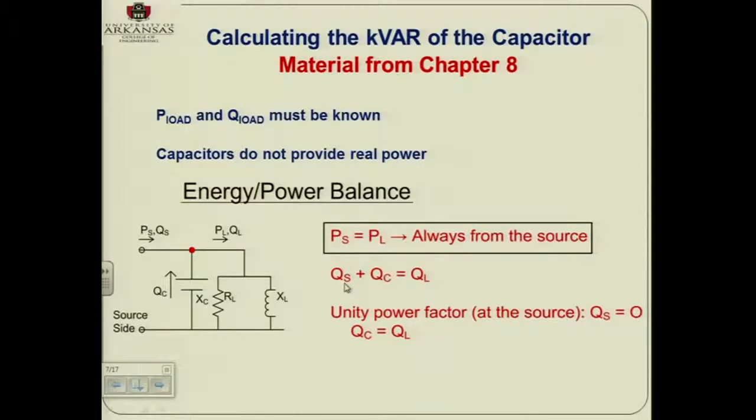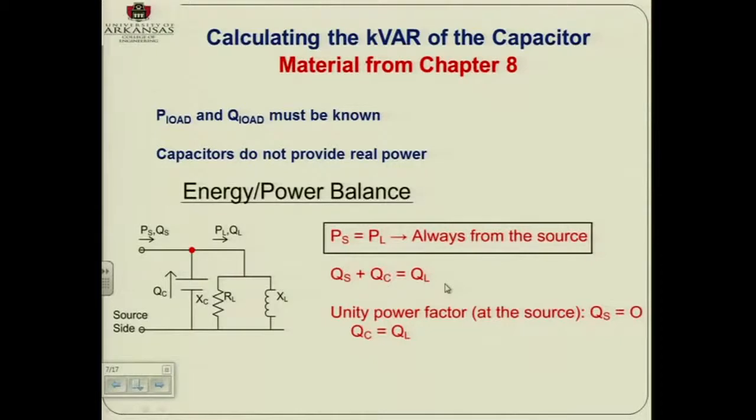You have Q source, the reactive power coming into this node, right? And if you add Q source plus Q cap, they have the same direction, and that has to be equal to QL. Remember, these are complex numbers, complex power.